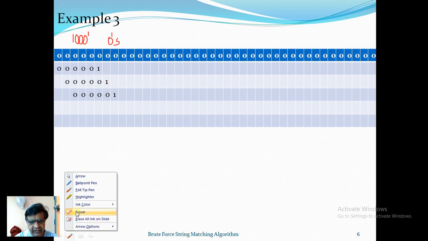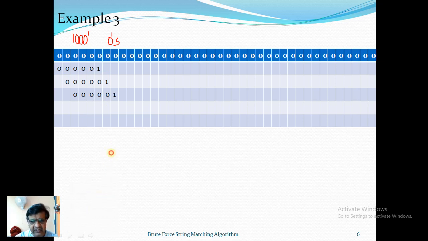The length of the pattern is m equal to 6, n equal to 1000. 1000 zeros are there. Now it is arranged. This is the first alignment. Matching happens 1 2 3 4 5 6. 6 matchings happen, and here it will fail because it is mismatching.